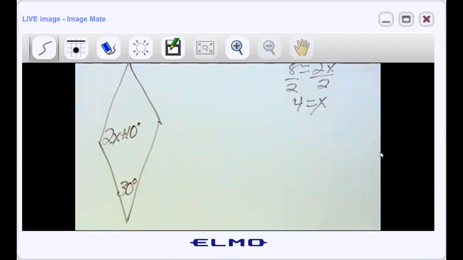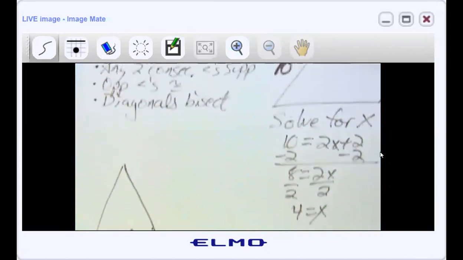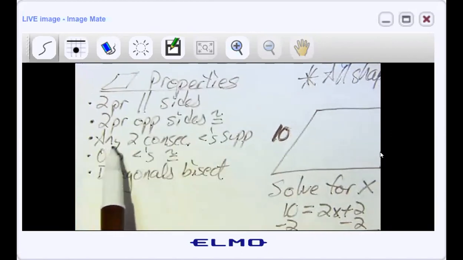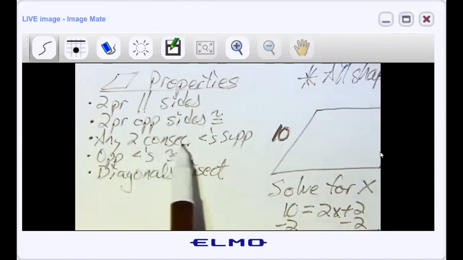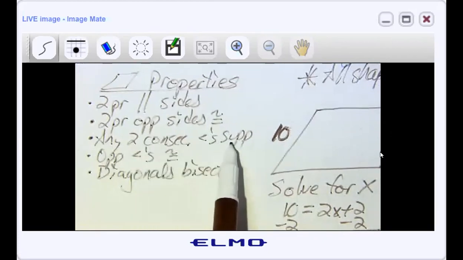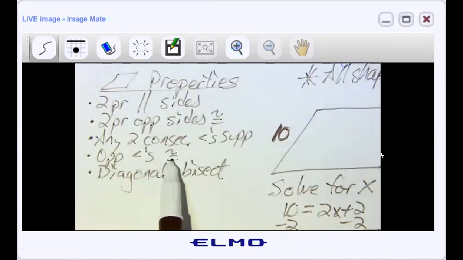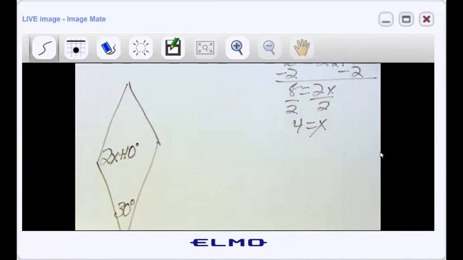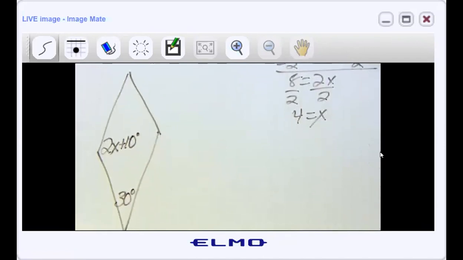And according to my list up here, sorry, I'm just going to move away from it real quick. If I look at the deal with the angles, I really have two choices that deal with angles. Any two consecutive angles are supplementary, or opposite angles are congruent. So you need to determine, do I have consecutive angles or do I have opposite angles? What do you have in this case?